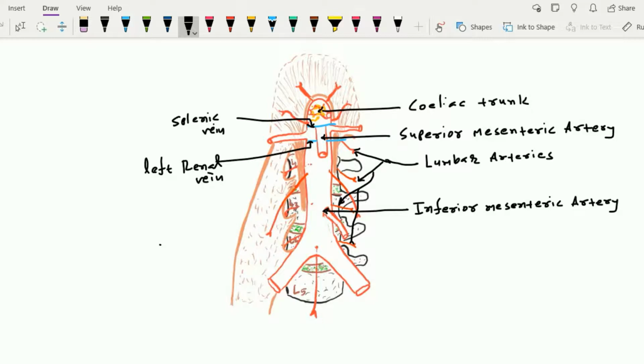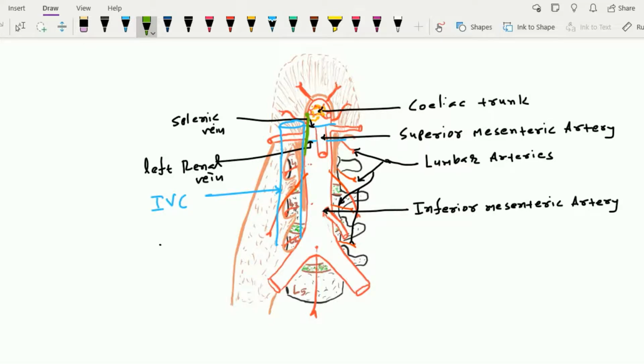When we see the right relation of the abdominal aorta, we can appreciate the inferior vena cava, which lies right to this abdominal aorta. And in the upper part of the abdominal aorta, from where it continues from the aortic opening of the diaphragm, there lie 2 important structures on the right of this abdominal aorta, and these are the thoracic duct and the azygos vein.